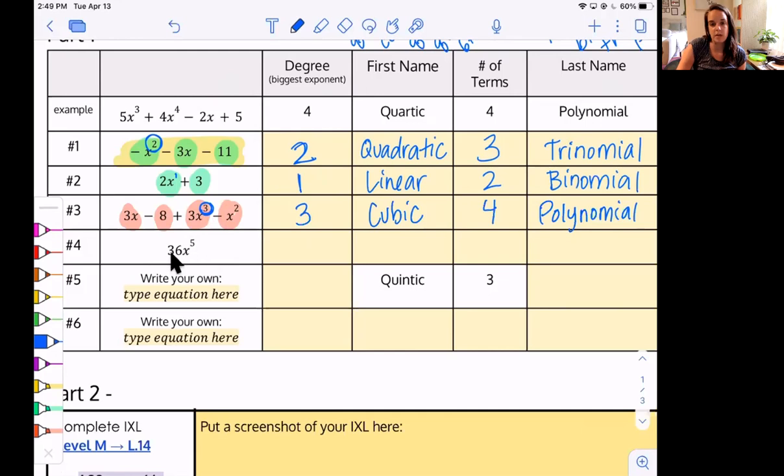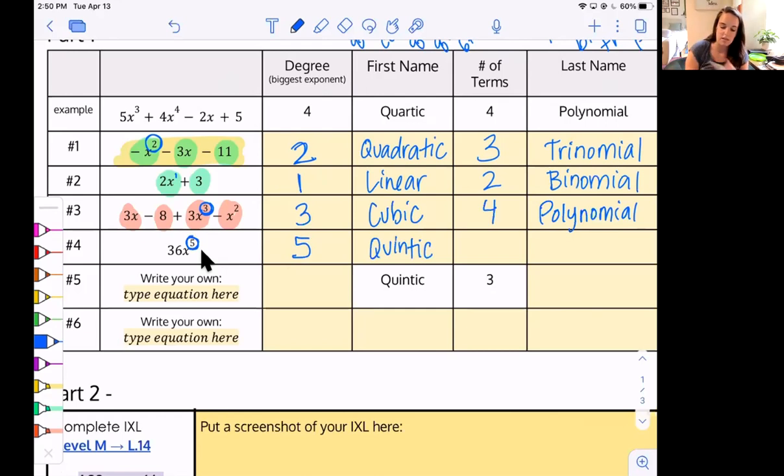So for the first one, yeah, Kim, I agree that it would be 5. The degree would be 5 because that's the biggest exponent. So what is its name? Quintic. Yep, quintic. And then how many pieces are there? How many terms are there? Yeah, one.